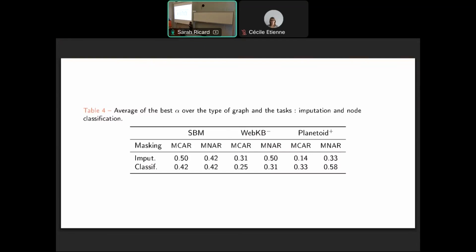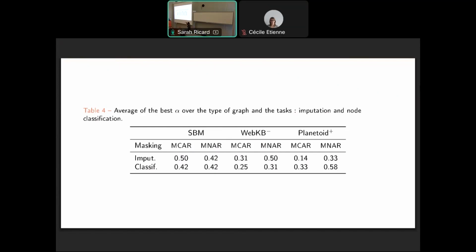I think there would be smarter ways to do it, but so far what we did was a cross validation. We took a part of the graph as a validation set and used it to assess the best alpha, and we tried multiple different values for alpha.